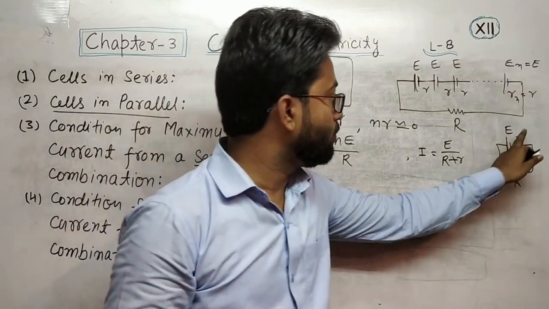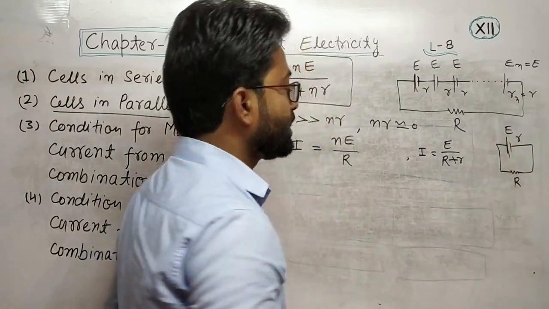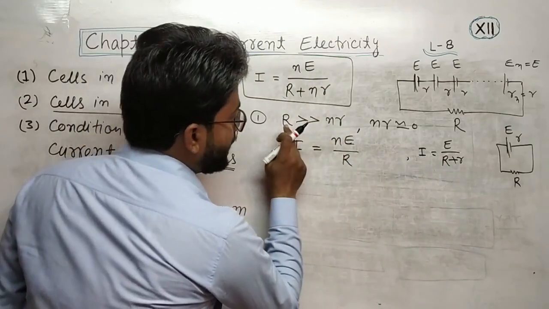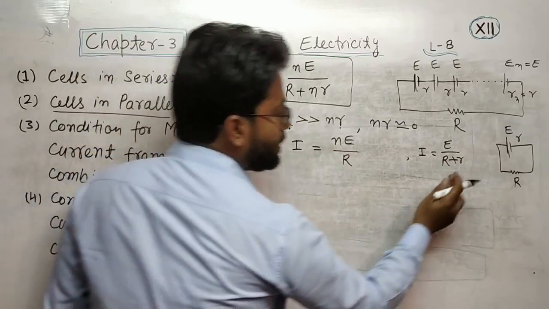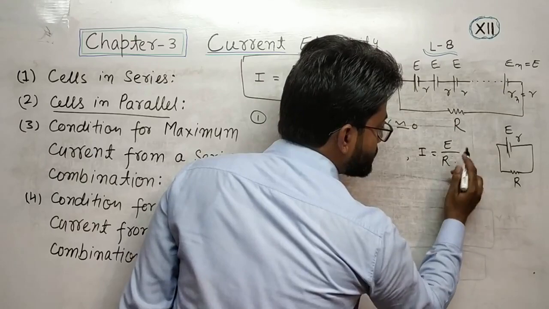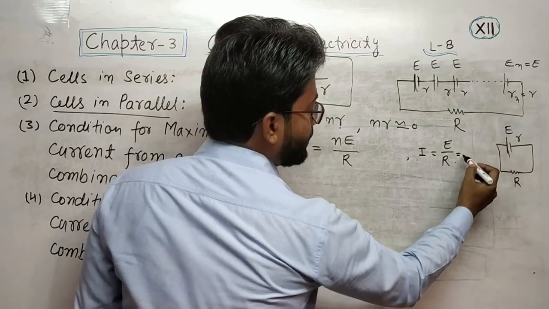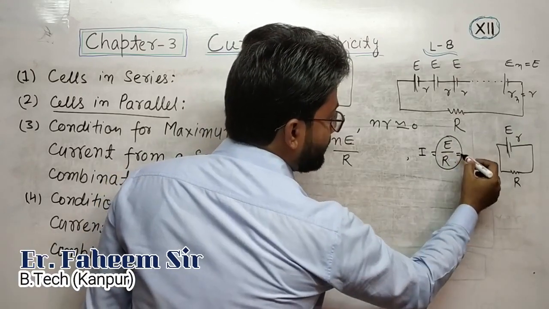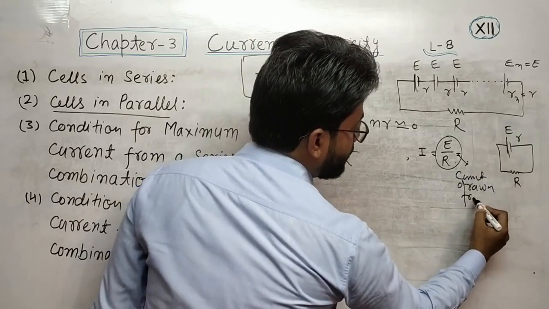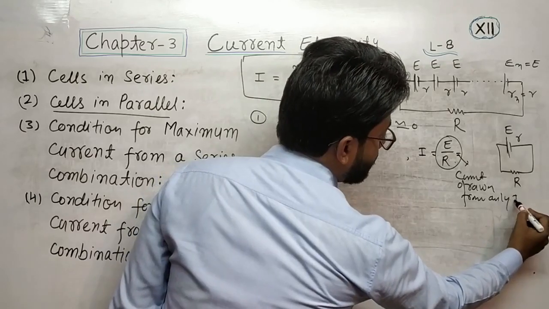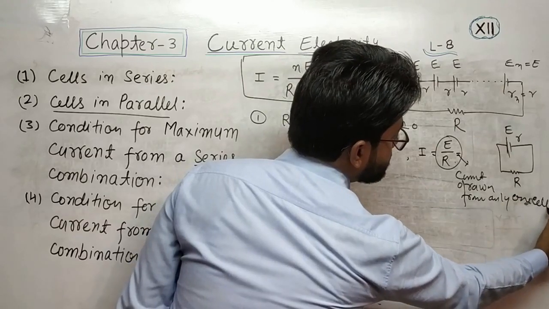When only one cell is connected with external resistance, we have taken that capital R is very much greater than small r, then small r can be taken as 0. That means the current drawn from only one cell is E upon R. That means we can say that E upon R is the current drawn from only one cell.